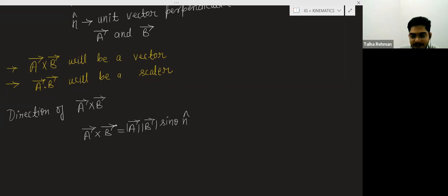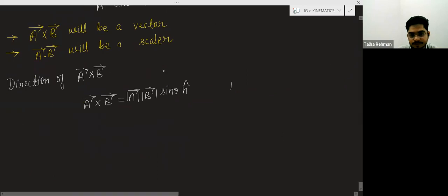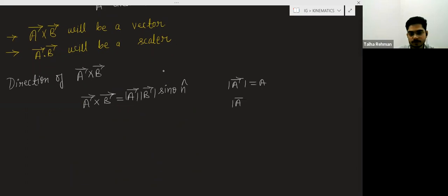So I can write mod of A as A, because A is also the magnitude, and mod of B as B. So basically, A cross B is equal to AB sine theta into n cap.